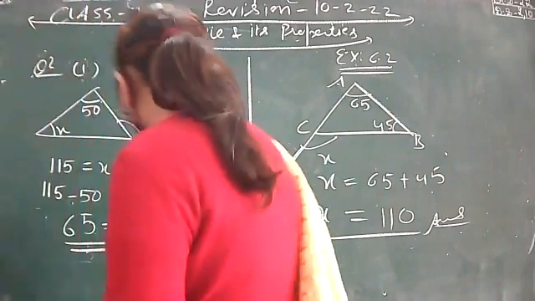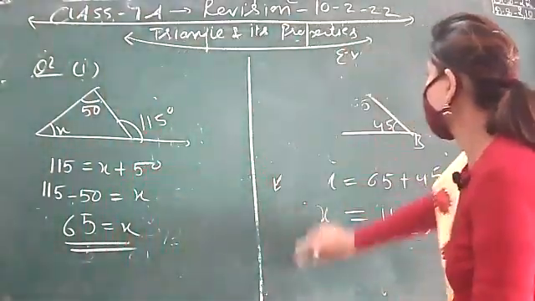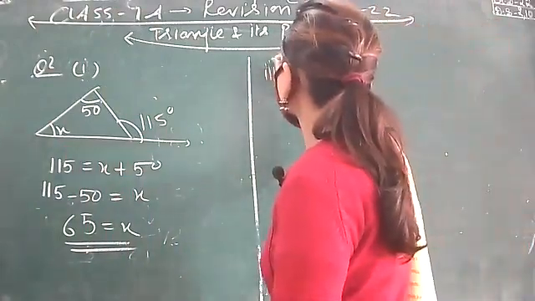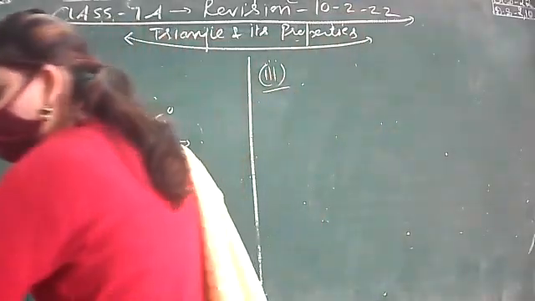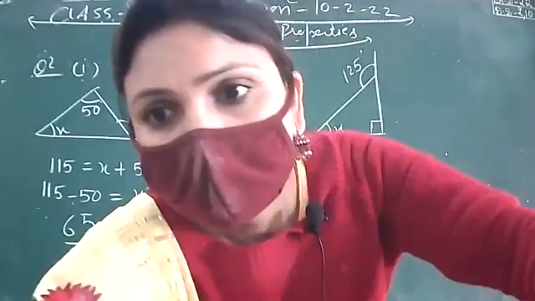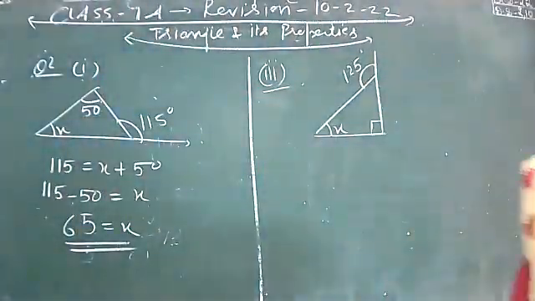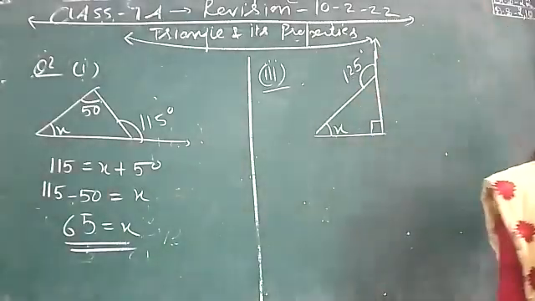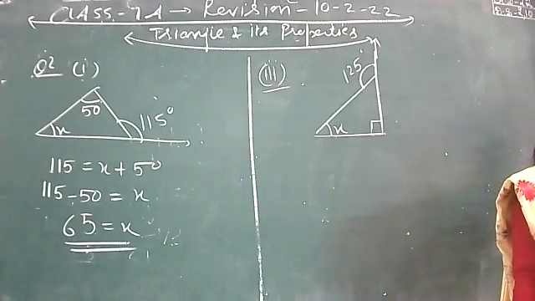Now I'm taking its third part. This is the figure, and you know when the side is extended, this forms an exterior angle, and we know that one exterior angle is equal to sum of two opposite interior angles.